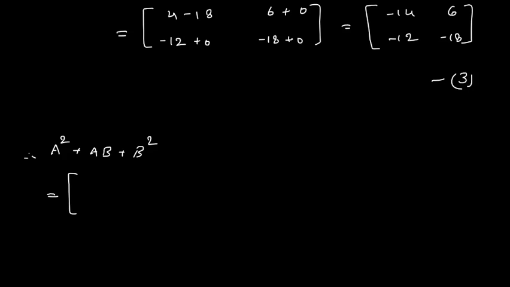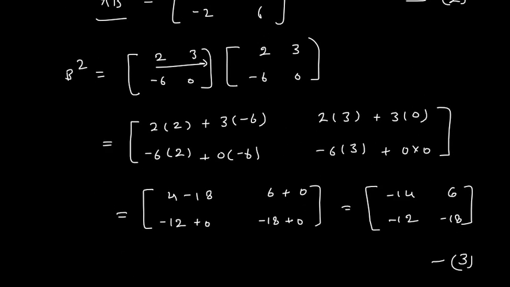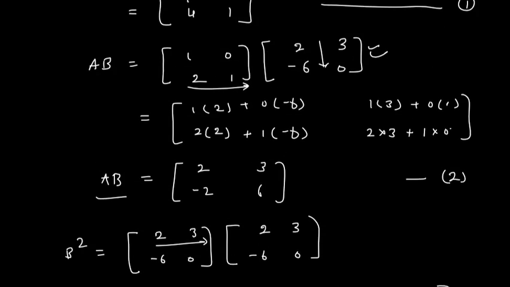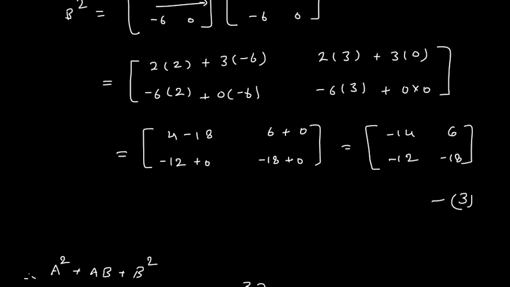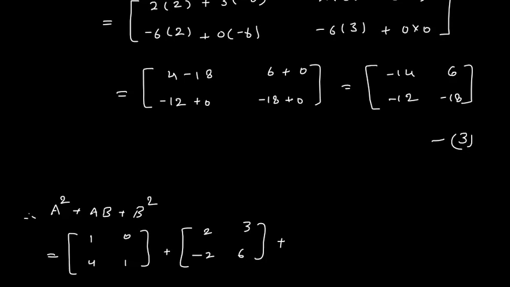The value of AB is 2 minus 2 3 6. Value of B square is minus 14, 6, minus 12, minus 18.